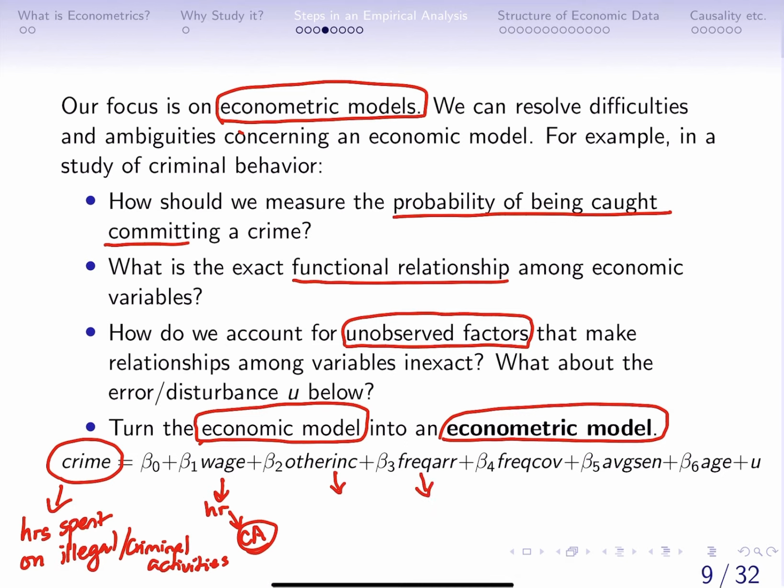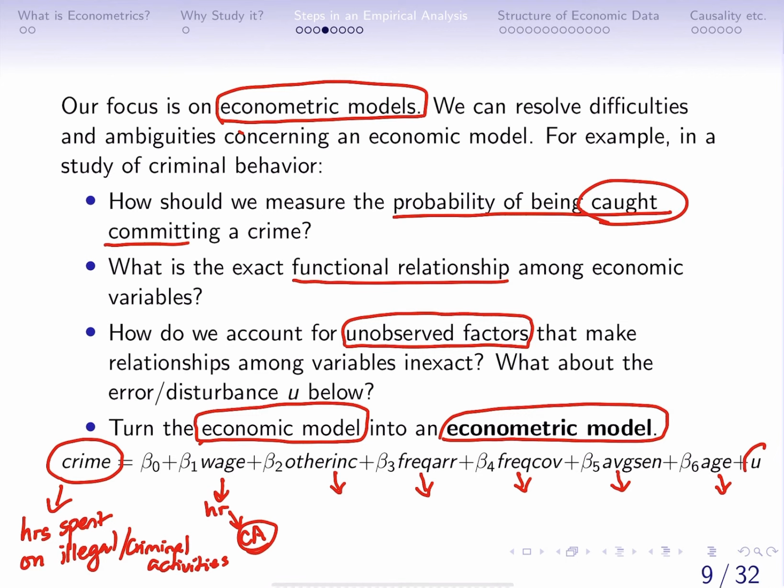And next we have here, maybe this is dependent on the time you spend on illegal activities, dependent on the frequency of arrests. So maybe this is capturing that probability of getting caught that we were talking about. And then maybe the frequency of getting convicted of a crime, and maybe the punishment. What is the average sentence for that crime? And maybe this depends on some other type of demographic characteristics like age, gender, and things like that.